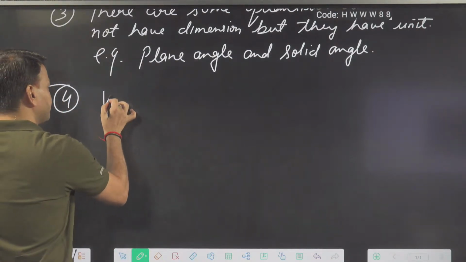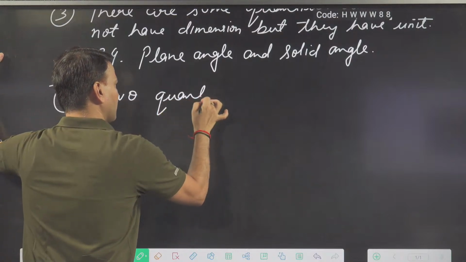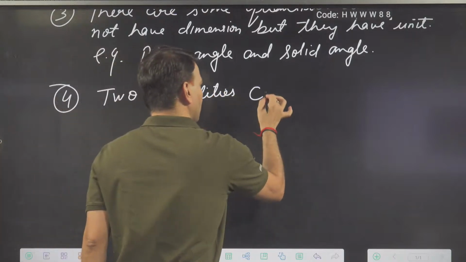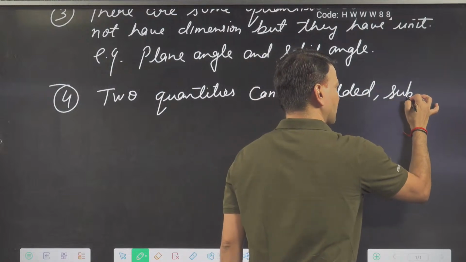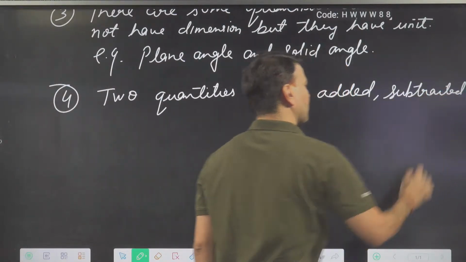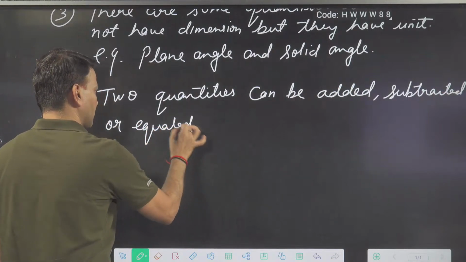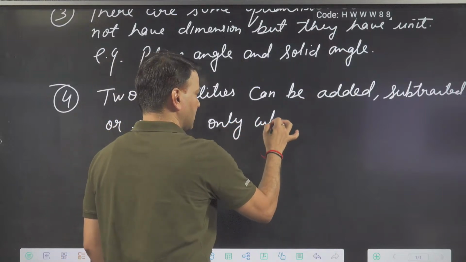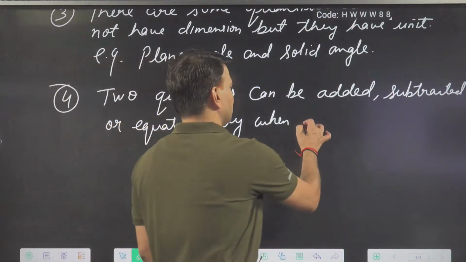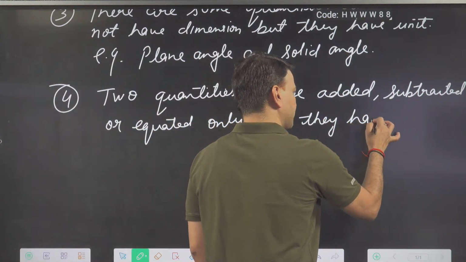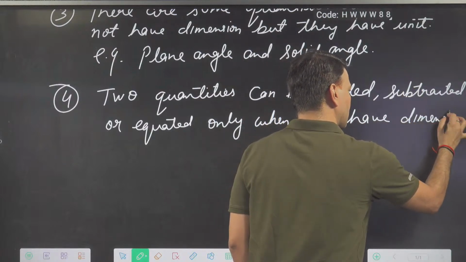Now next is what? Two quantities can be added, subtracted or equated only when they have the same dimension.